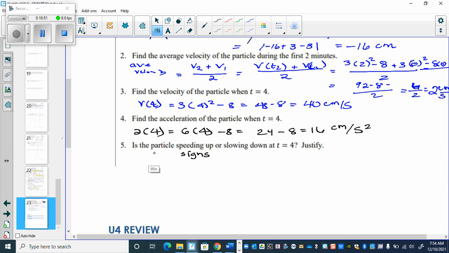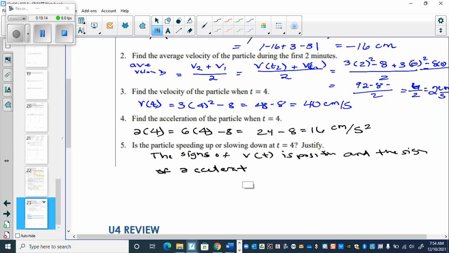The sign of velocity is positive, and the sign of acceleration is positive.